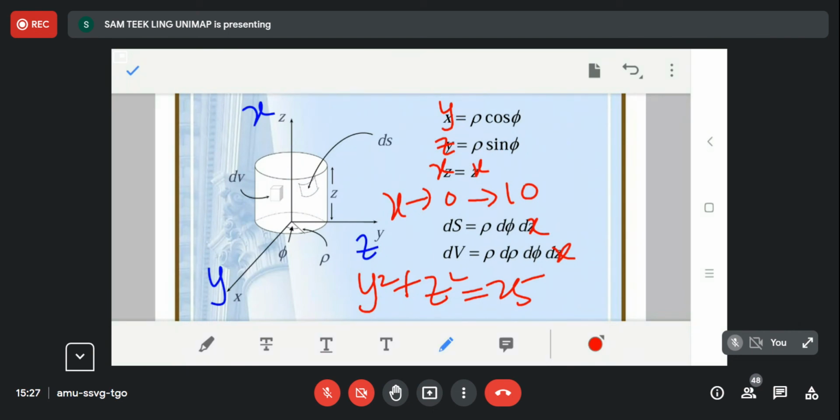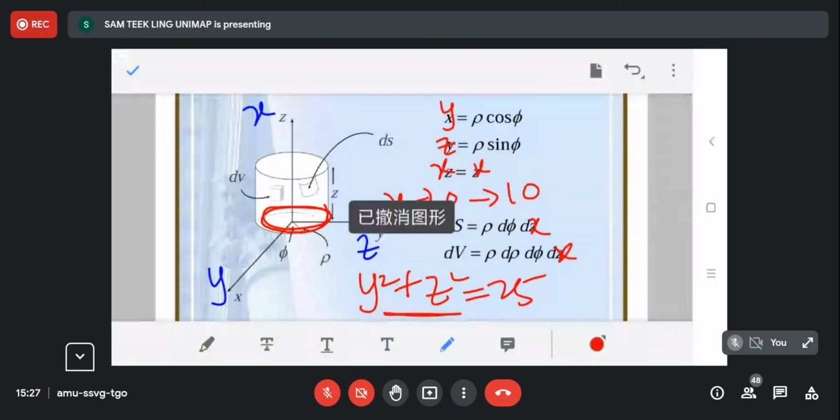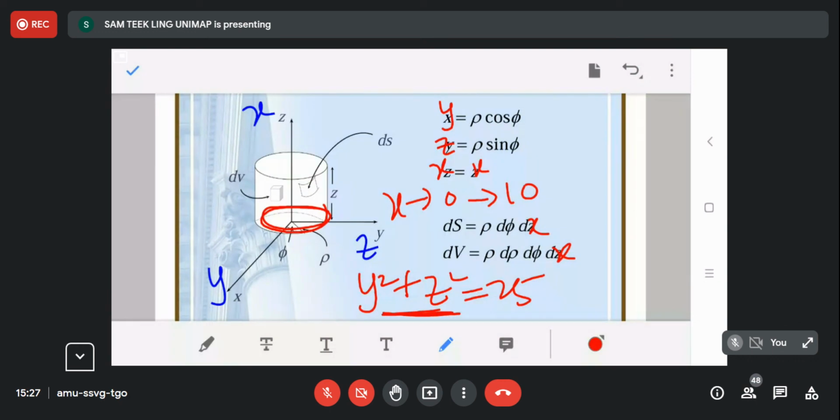So this plane is YZ, not XY. This is why I say you need to rotate your axis. When you rotate, it is anti-clockwise. Your XYZ, you rotate following the anti-clockwise.